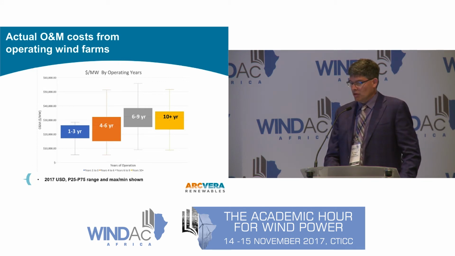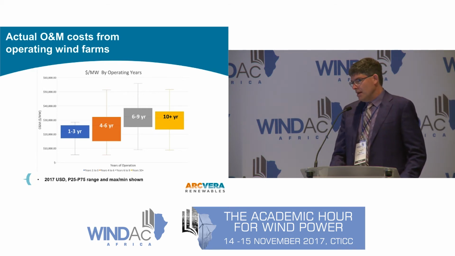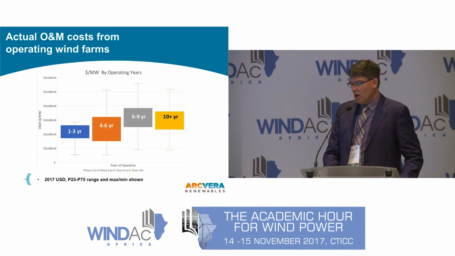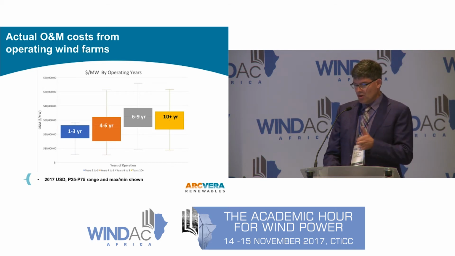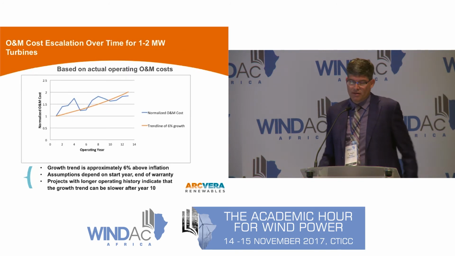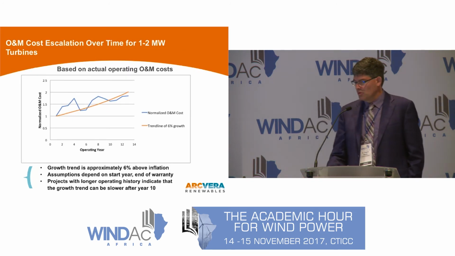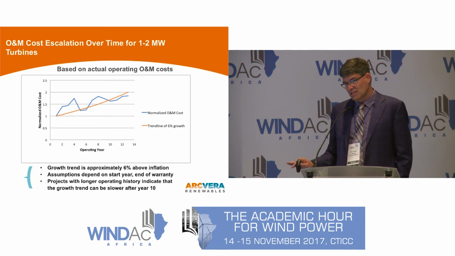And if you look at the max and min values, don't we all wish we could get the lower value at that point in operations? I certainly wish some of our clients had that. But then it steadily goes up, and it seems pretty clear that at year 6 things steady out with respect to O&M costs, at least for this database.